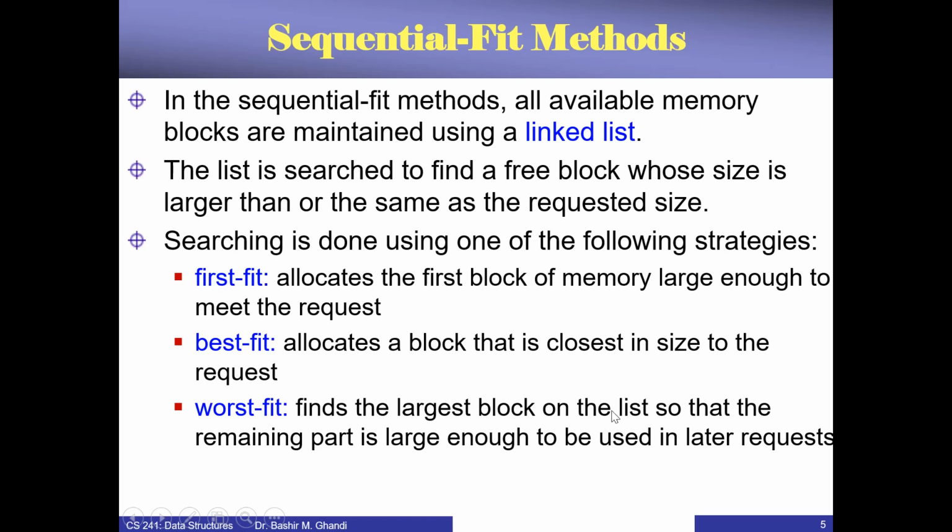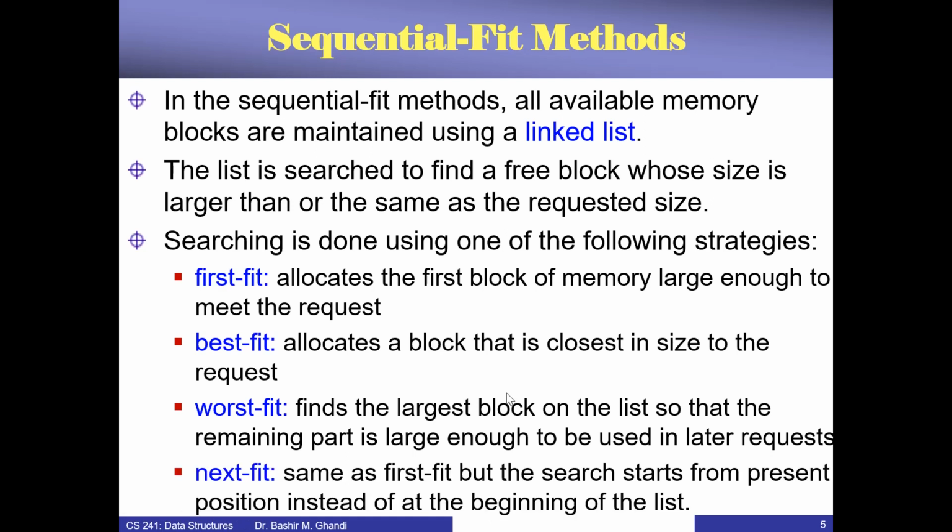So there will not be fragmentation. That's what is being explained here. It finds the largest block on the list so that the remaining part is large enough to be used in later requests. So this is another method.